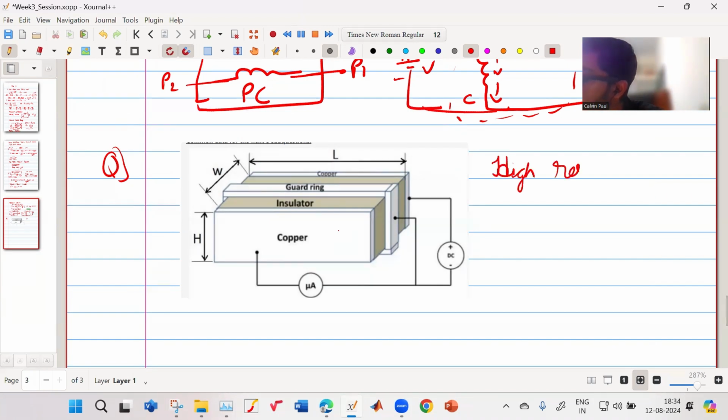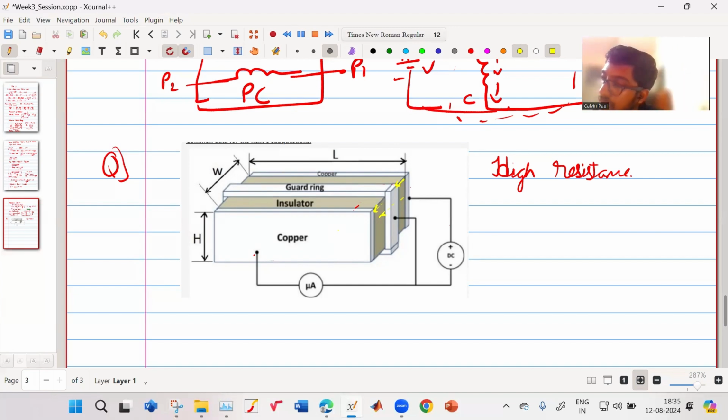I want to measure high resistance. So what I do is apply a DC voltage. It is some very high DC voltage, which is difficult to generate. Then that will flow through my resistor and come out at this terminal, and then I'll measure the current in microampere. But there will also be certain current which will flow on the surface. Some current will flow internally in the volume of your resistor, but some current will flow on the surface.